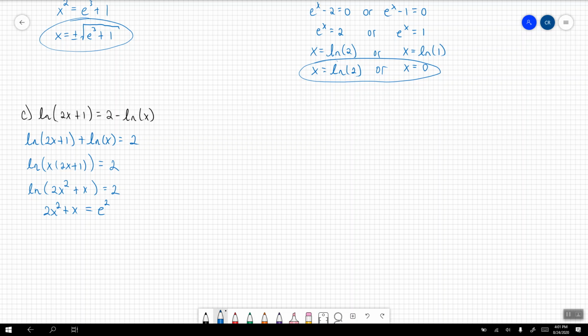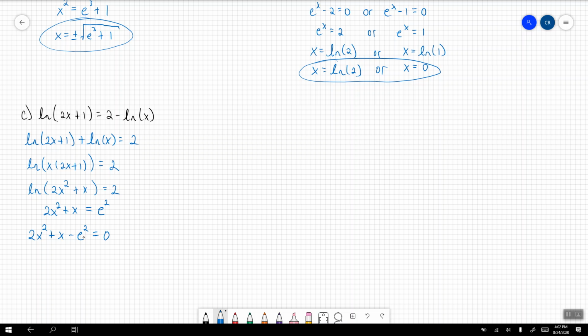However, I'm working with a quadratic to solve for x, which tells us that we need to use some form of a quadratic formula or completing the square to try to figure out what this is going to be. So let's go through. This is now going to be 2x squared plus x minus e to the power of 2.